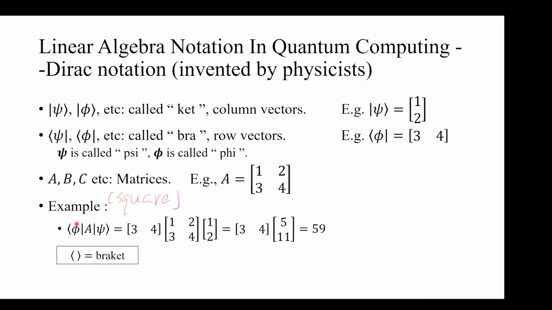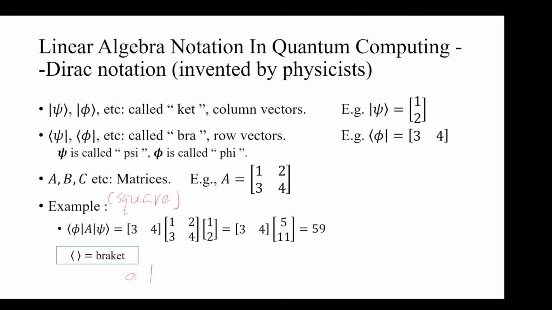One thing to notice is that a good sanity check when you do computation is that when you multiply something together and you see they form a bracket, then it should become a number. A bracket gives you a number.